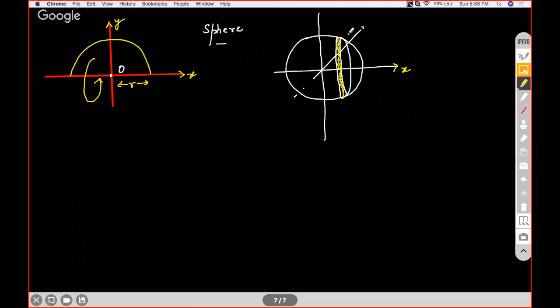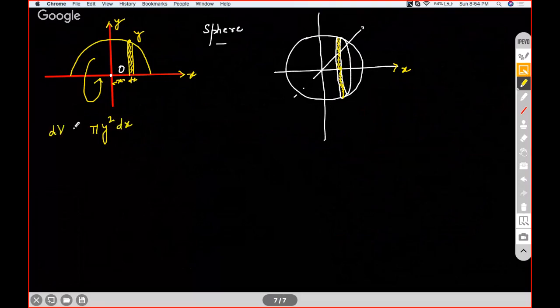This is half the disk, so this r will be nothing but the y coordinate at this point. Don't write r, because r is already used over here, which I will use in my limits. So let's say at a distance x you have taken a small thickness dx. This point will be y, so pi y square dx will be that small differential volume.